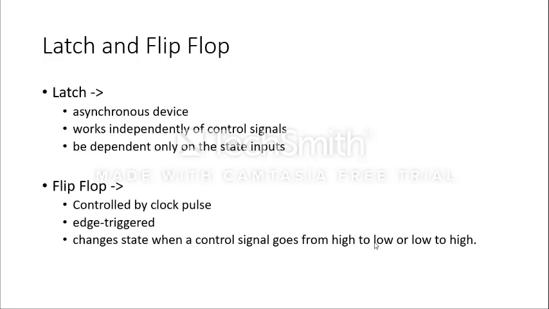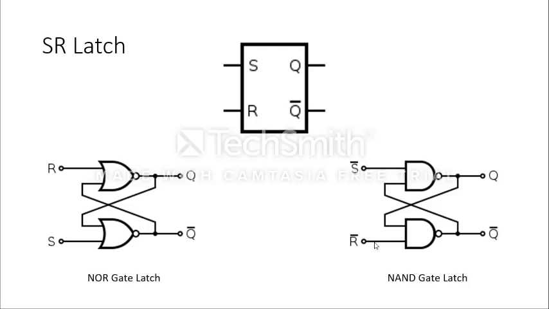When the value changes from 0 to 1, this is an edge. When the value changes from 1 to 0, this is another edge. So your flip-flop will work when the control signal goes either from high to low, that is 1 to 0, or low to high, that is 0 to 1. That is termed an edge-triggered flip-flop. When the clock pulse goes from low to high, it is termed a positive edge-triggered flip-flop. When the clock pulse goes from high to low, it is termed a negative edge-triggered flip-flop.